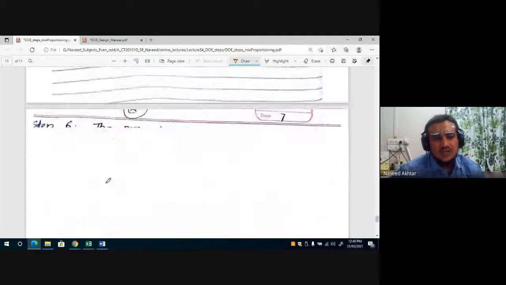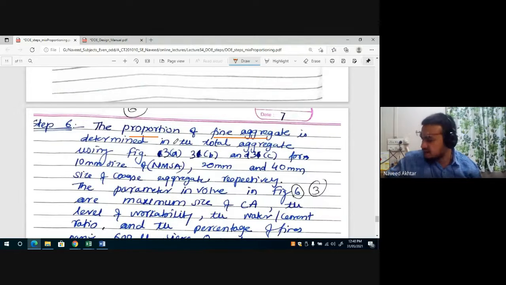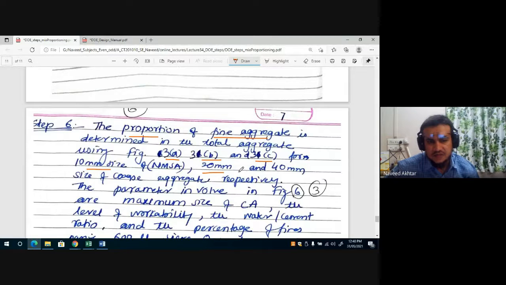Now you have to find out the proportion of fine aggregate and coarse aggregate. The proportion of fine aggregate in the total aggregate is determined using figures 3a, 3b, 3c for 10 mm size, 20 mm size, and 40 mm size aggregate.